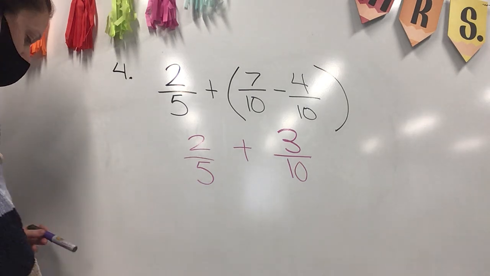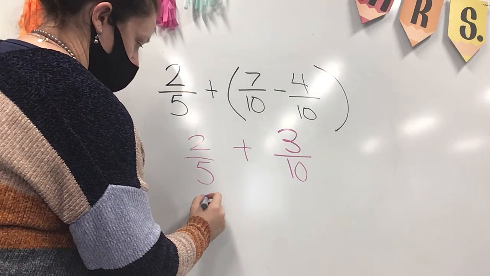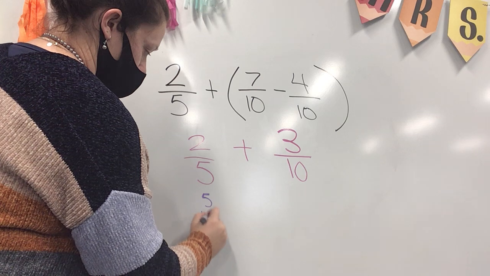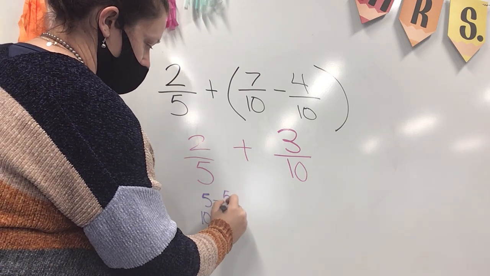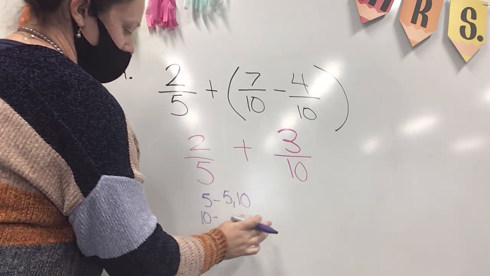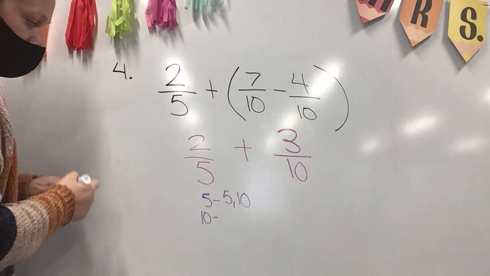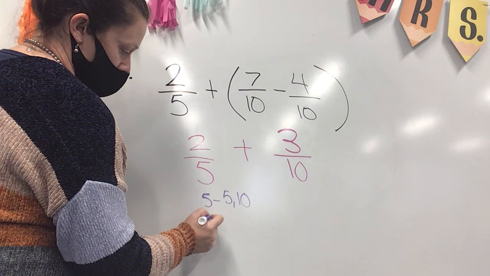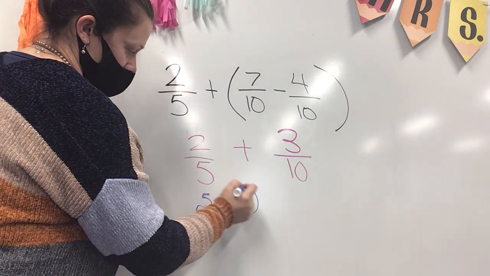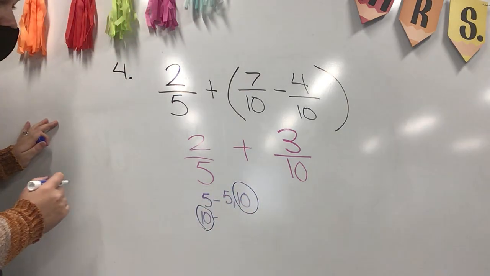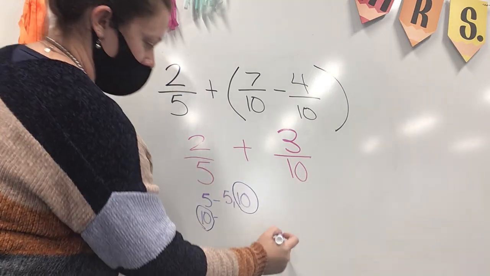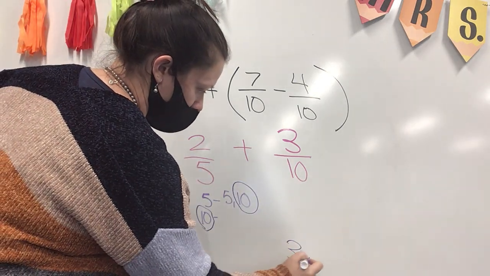No. So I need to make a list of multiples of 5. 5, 10. Oh, did we already recognize something? Yes. My least common denominator is going to be what? 10. This one is already 10, right? Yes. So it's ready to go.